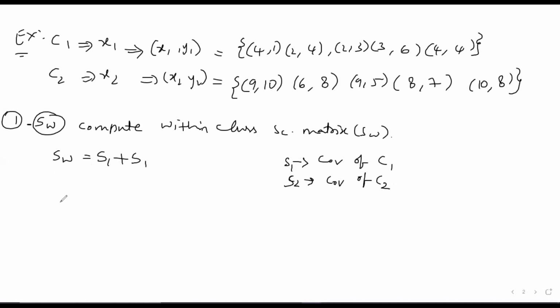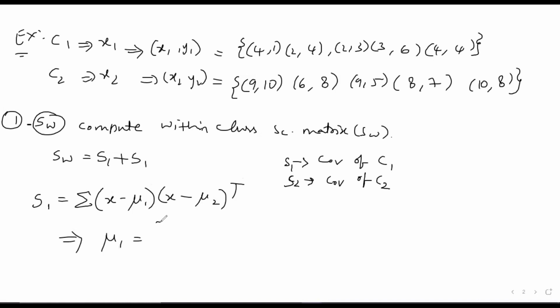If you remember from statistics, the formula of covariance, let's write it for S1, is the sum of X minus mu1, X minus mu1 transpose. Mu will be the mean. Now, let's calculate the mean.